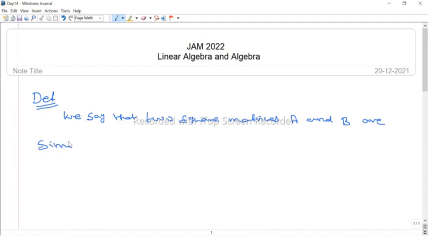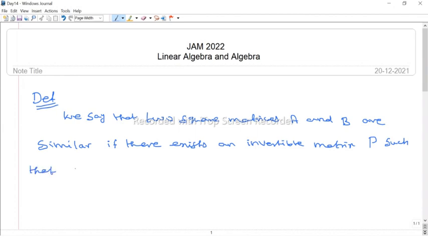So when we say two matrices are similar, if there exists an invertible matrix, an n by n invertible matrix we call capital P, such that they satisfy the relation B equal to P inverse AP.